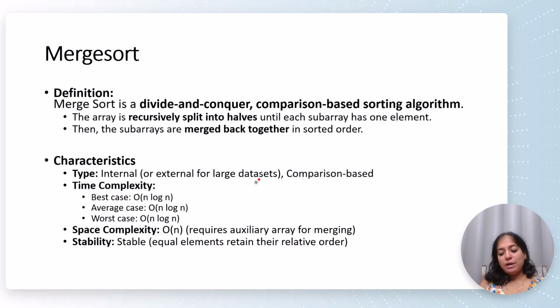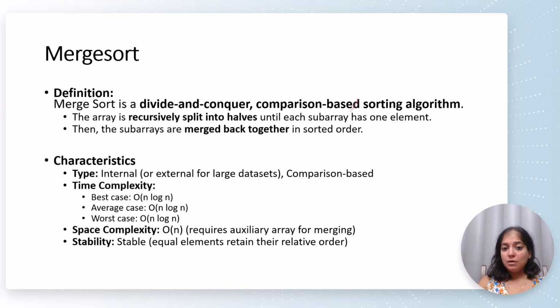Divide and conquer strategy means split your array into half until each sub-array has size of 1. It is a recursive process. You need to recursively split your array into half until each sub-array has one element. Then perform the merge operation to merge all the elements back into a sorted array.